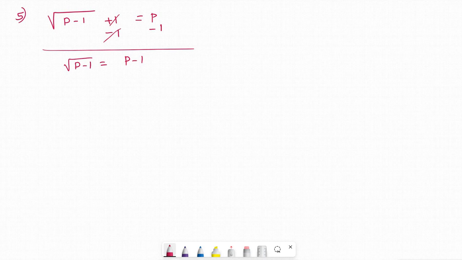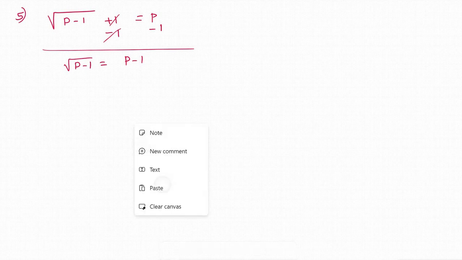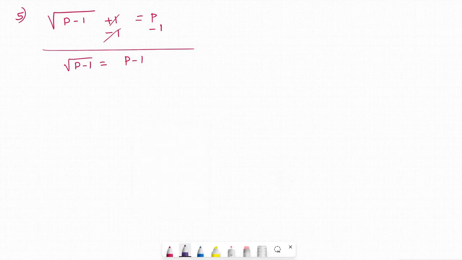And now we need to eliminate the radical sign from here, so we want to square both sides. So squaring both sides, it will become p minus 1, and this becomes p minus 1 times p minus 1.